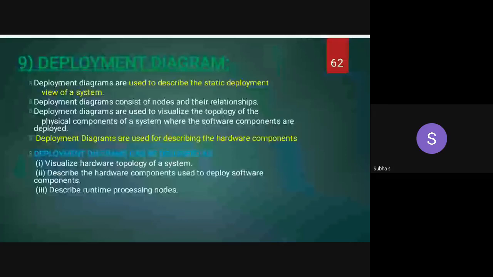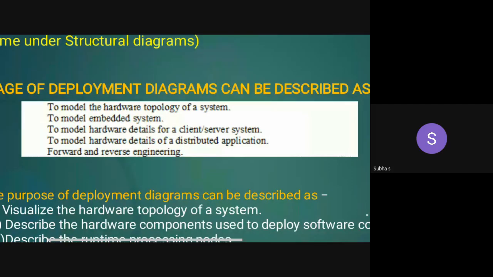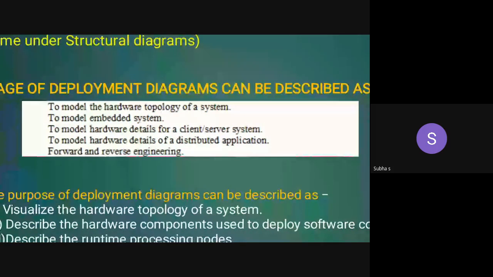So the usage of the deployment diagram is as follows. We can use it to model the hardware topology of the system. As I told you, deployment in simple words is configuration and installing of all the components put together to do some function.